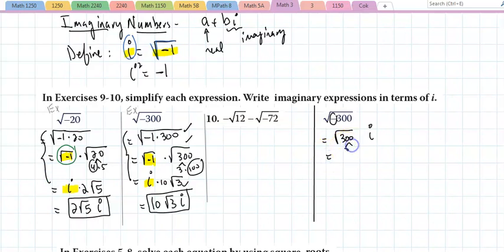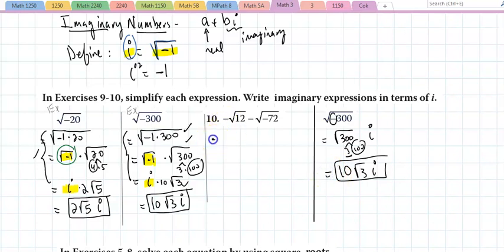And then I'll say this is 3 times 100. This clears the radical as a 10. There's a 3 left underneath the radical, and put the i. If you prefer to show those steps, you can. That's not a problem. So from this point on, that's how I'm going to do it.